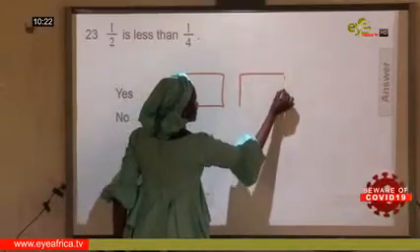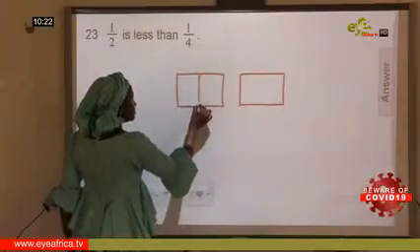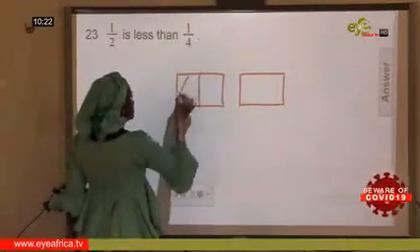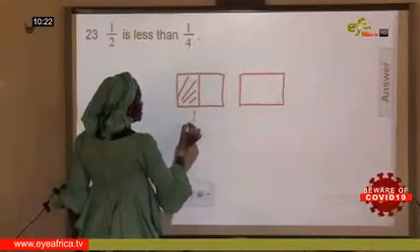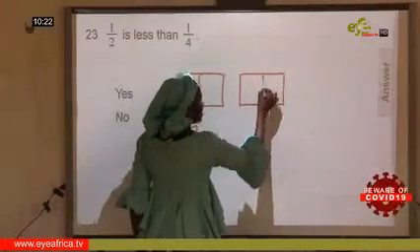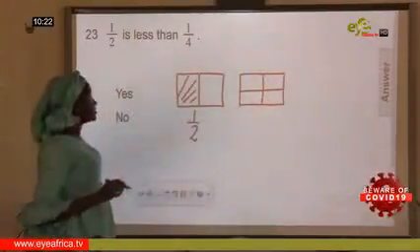These are 2 diagrams with the same dimension. It is divided into 2 equal parts, which is representing half.